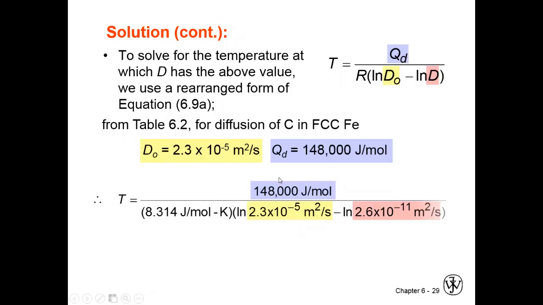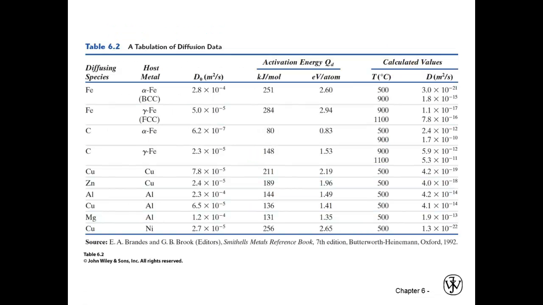Before I go to the last step to actually find our temperature, note that the diffusion of carbon in FCC iron is different than BCC iron, which is different than several things. You should look at that table very carefully and figure out how it works. If this is the diffusing species, this is what's going into a host metal. So this is iron into alpha iron.